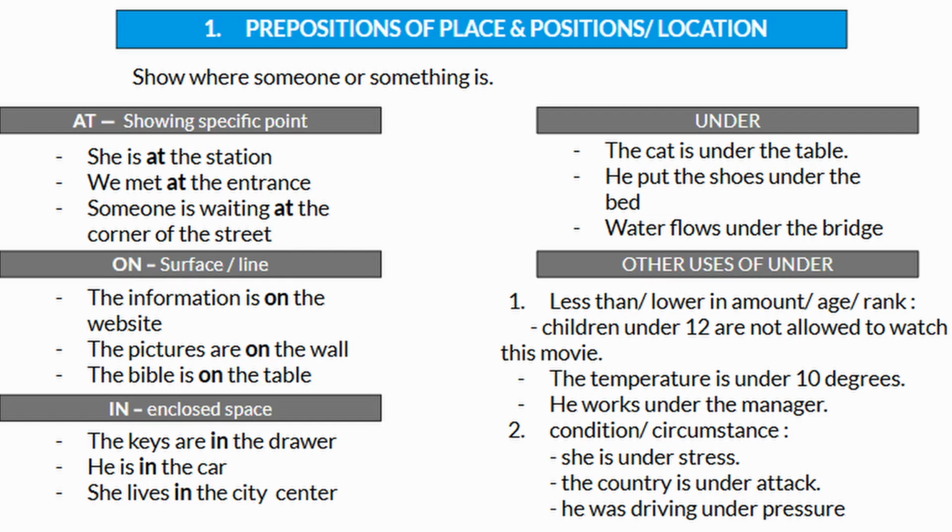The second preposition of place or position is on. This shows a surface or line. For example, the information is on the website. On the website means it is online. When you are referring to something which is online, you put the preposition on.